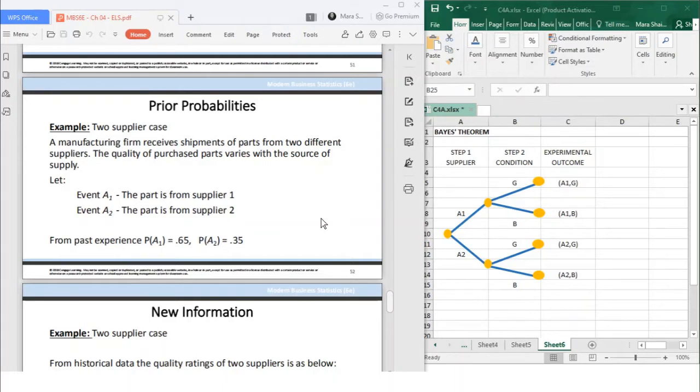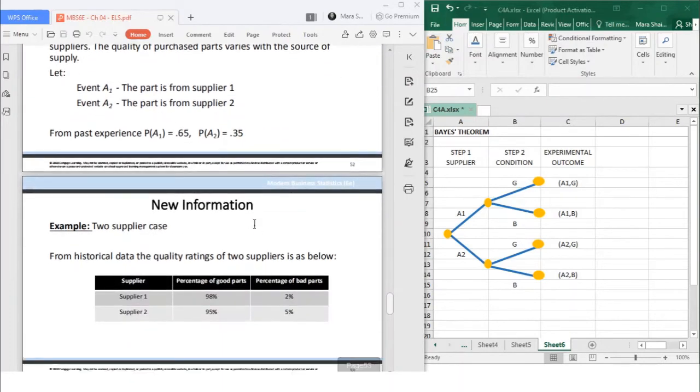Based on past experience, you have these prior probabilities. The probability of A1 is 0.65 or 65%. The probability of A2 is 35%. Meaning, based on your past experience, 65% of the parts you purchase come from supplier 1, while 35% come from supplier 2. These are your prior probabilities.